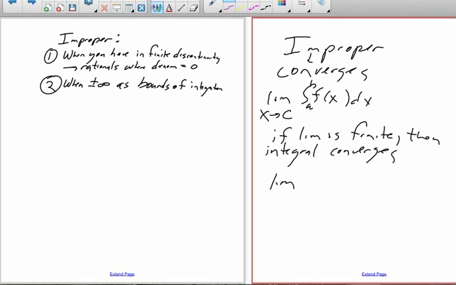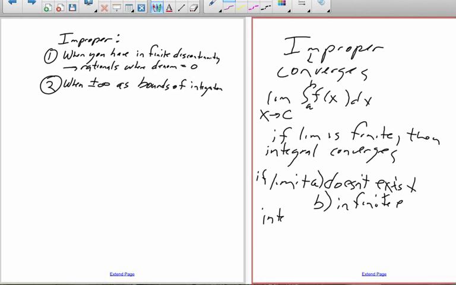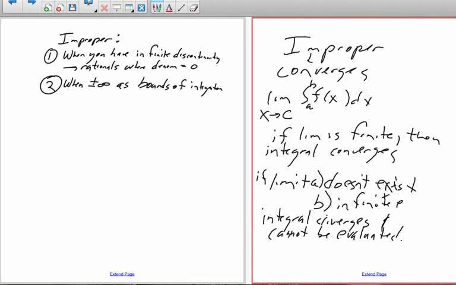If the limit either A, doesn't exist, which means it's different as you approach from the negative side versus the positive side, or B, it's infinite, then the integral diverges and cannot be evaluated, at least by the methods we have shown now.